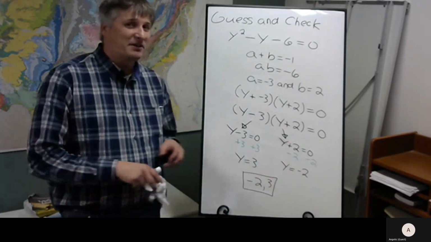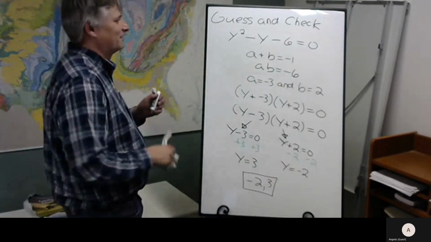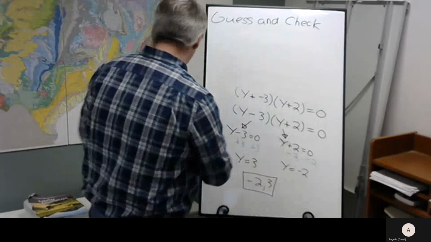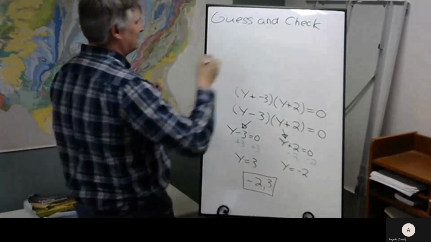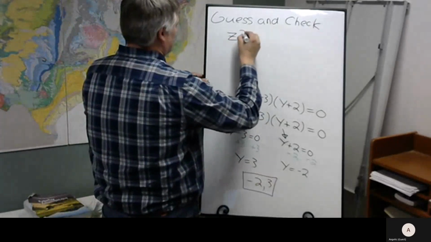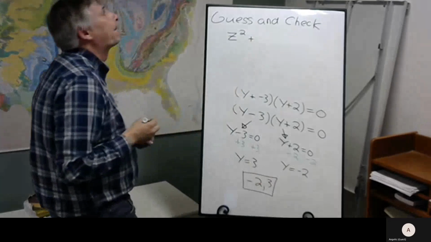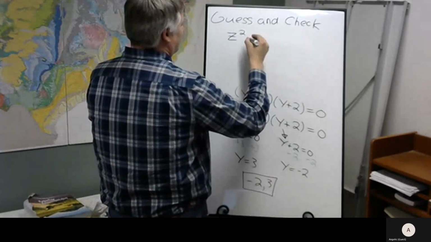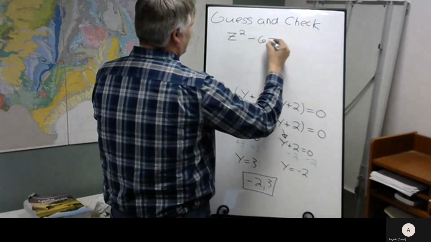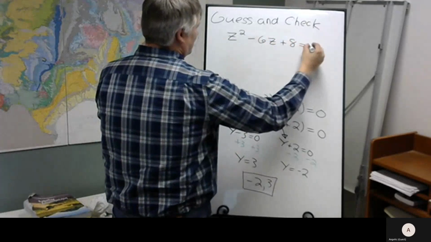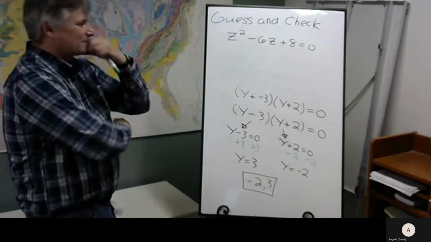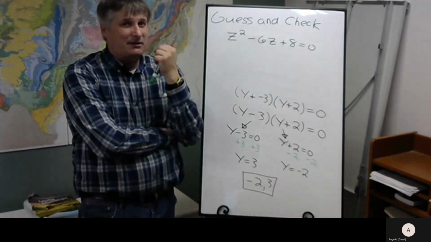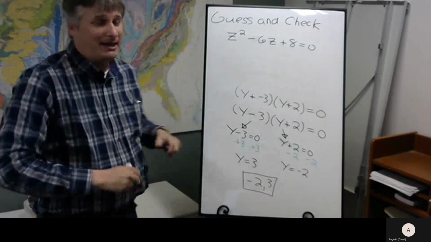So let me do one more guess and check. Now, in this case, we're looking for two numbers that add up to -6, but multiply to 8.